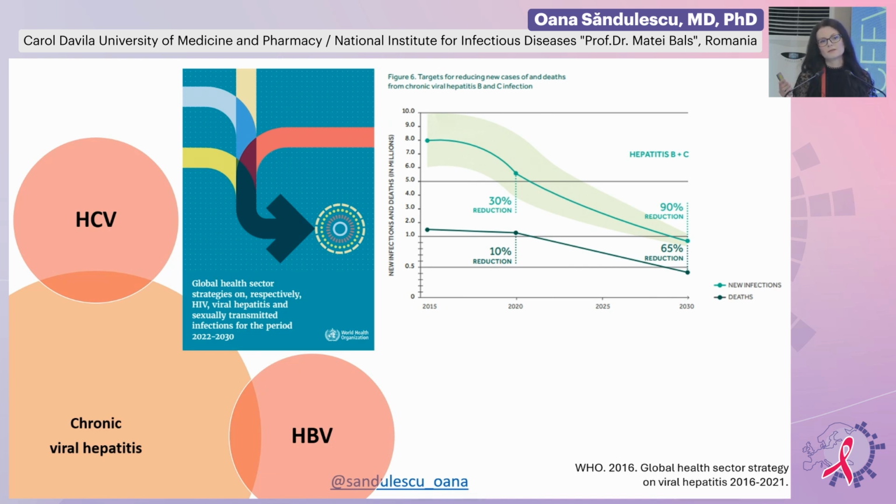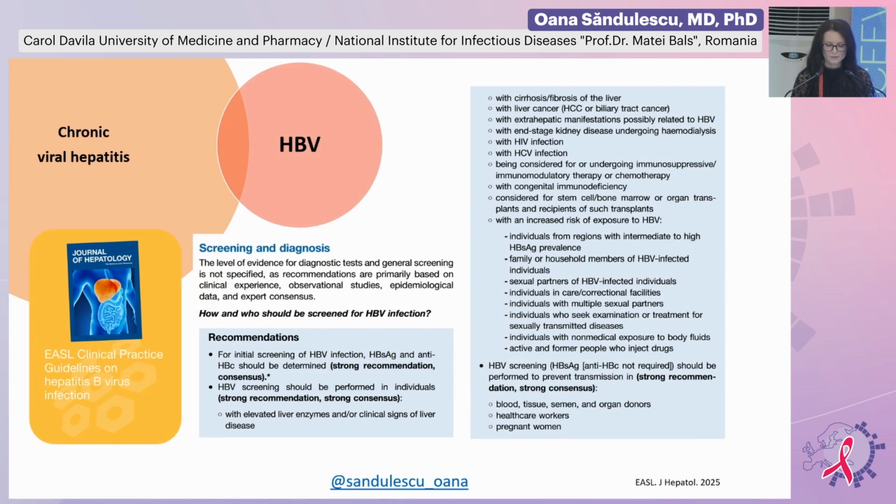These targets are for 2030, which is quite close. We are measuring progress in terms of how far each country is progressing toward meeting these targets. The strategy was revised in 2022 to offer a comprehensive approach, integrating viral hepatitis, HIV, and STIs in order to offer a uniform, comprehensive response.